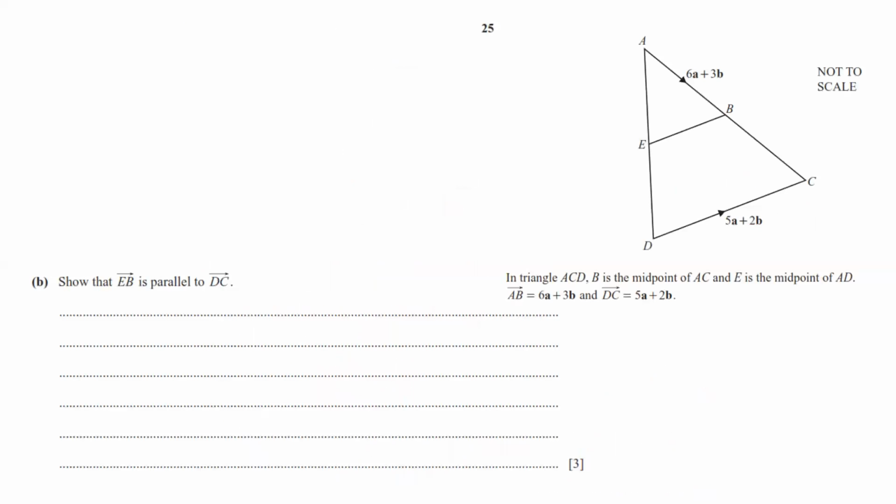Okay. Then in part B, it says show that EB vector is parallel to DC vector. So these vectors are parallel.